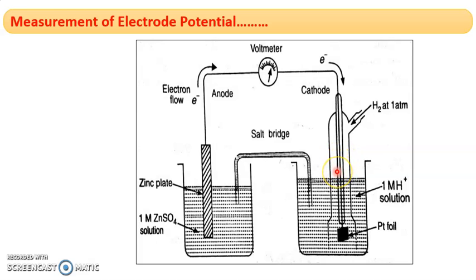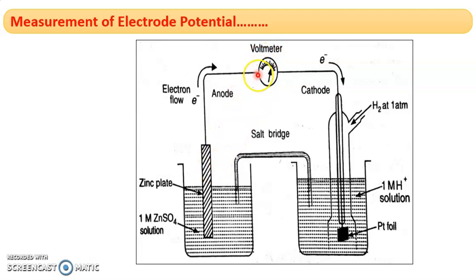So we have to remember one point here. At the sample electrode, I mean the electrode for which we are going to find out the electrode potential, oxidation is occurring.